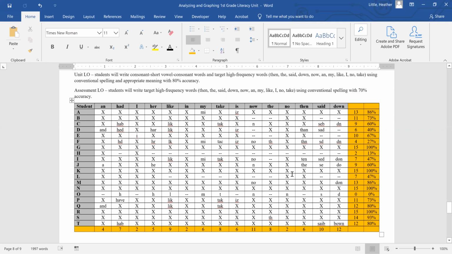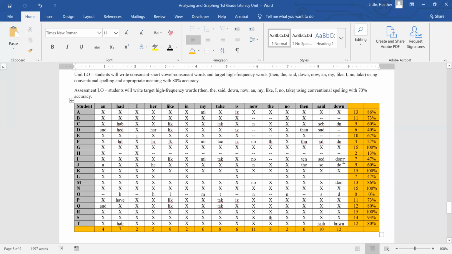So let's just take down for a minute. I can see there are a number of students, looks like 1, 2, 3, 4, 5, who didn't answer it at all. So we can't really determine what's going on if they don't answer it. And then we have at least a couple of students who are really only hearing the first and last sound in the word, which is a typical development of phonemic spelling.